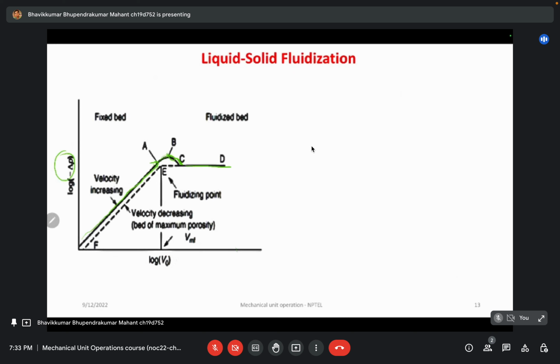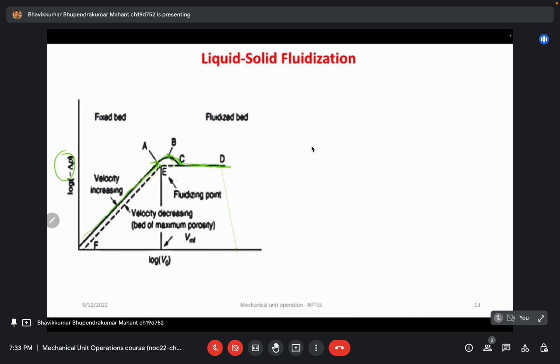If you reduce the velocity, the pressure drop will remain constant up to point E, which corresponds to point A, and this point E is known as the fluidization point. Up to point E you can see fluidization in your packed bed, but after that you can't.